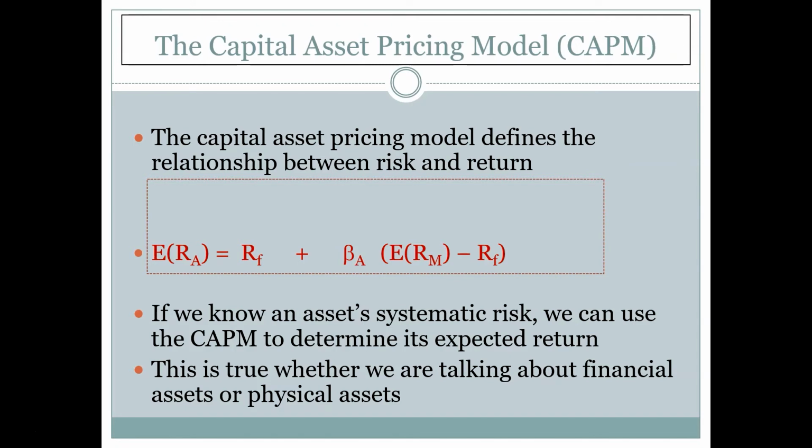Right? So some function of systematic risk, which is beta, and the risk premium of the market will give us the expected return of asset A. And this is true for any asset. Physical, financial, every asset should hold with the capital asset pricing model.